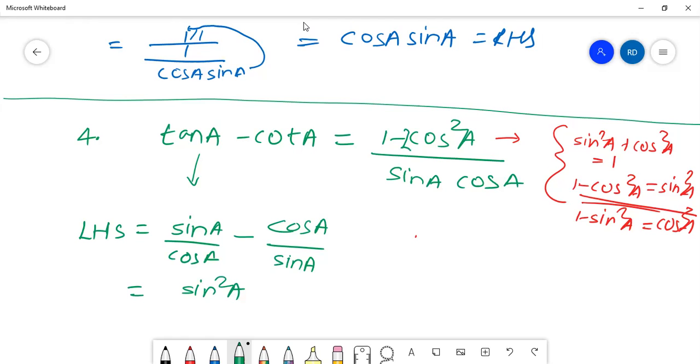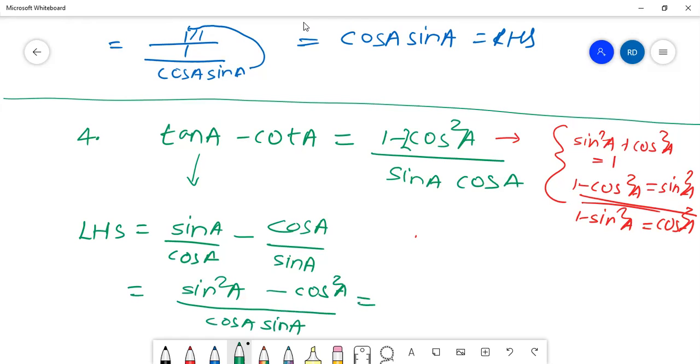I forgot this, so just correct this. So cross multiplication will give us sin square A minus cos square A upon cos A sin A. Or you can write sin A into cos A.